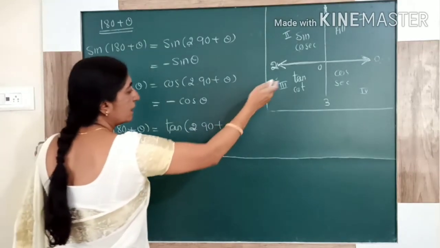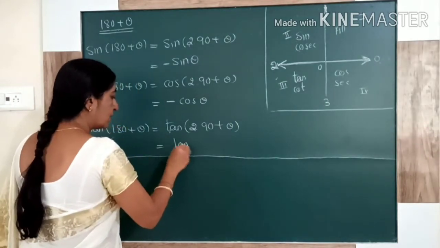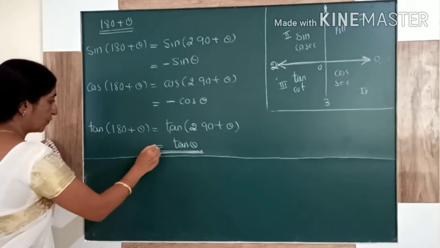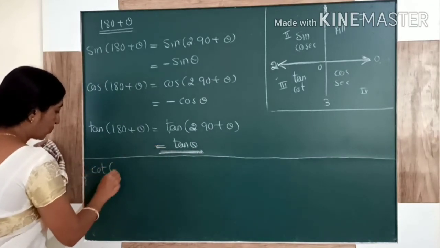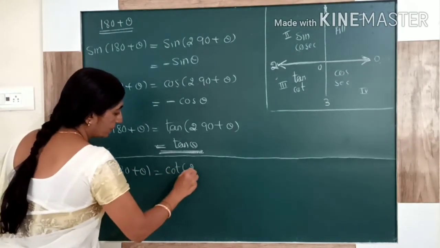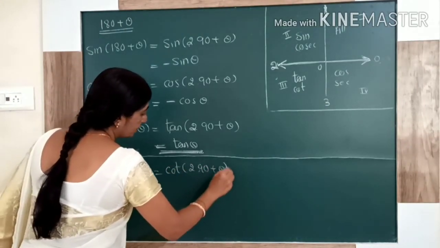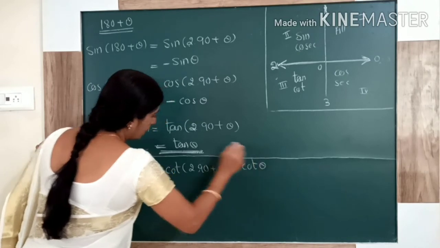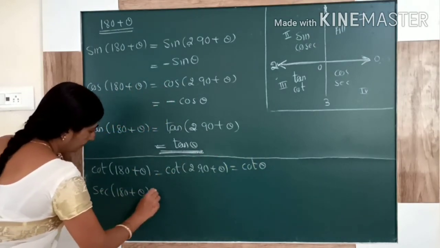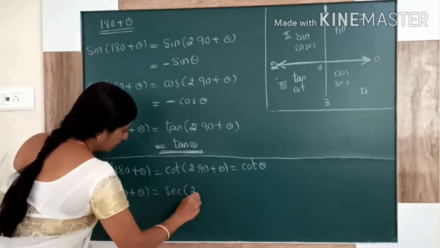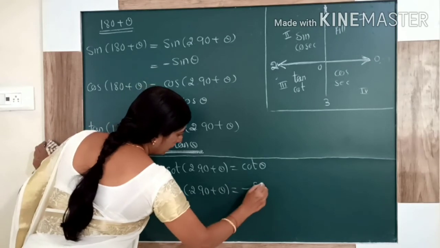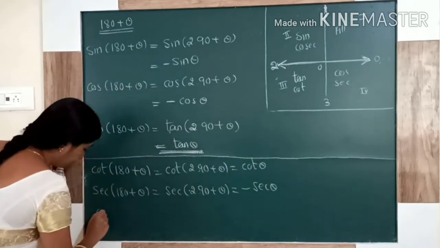Tan remains tan, but in the third quadrant tan is positive. Observe this, it is important. Then what about cot? Yes, cot is also positive. Then sec and cosec are negative, and because of the even number they remain as they are.